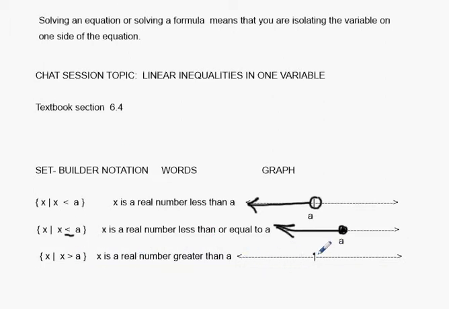And since it's greater than a, we'll have an open circle on a, and we'll shade to the right where the numbers are larger than a.